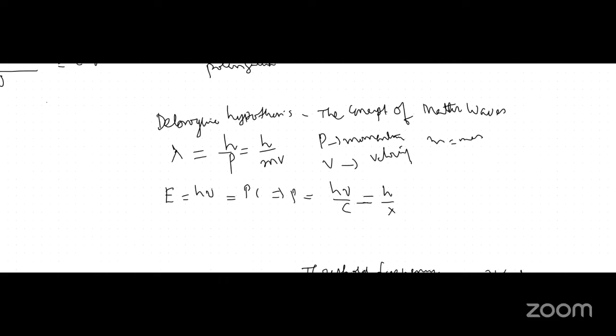The scientists Davisson and Germer performed the experiment in 1927 using a beam of electrons instead of X-rays.